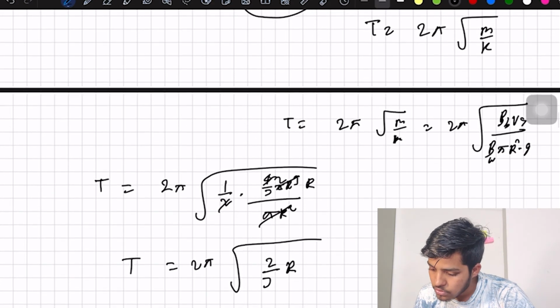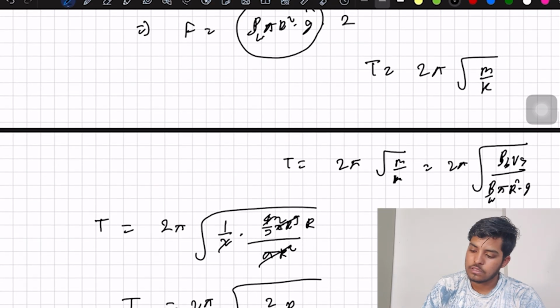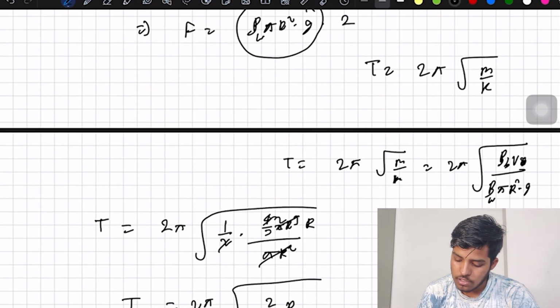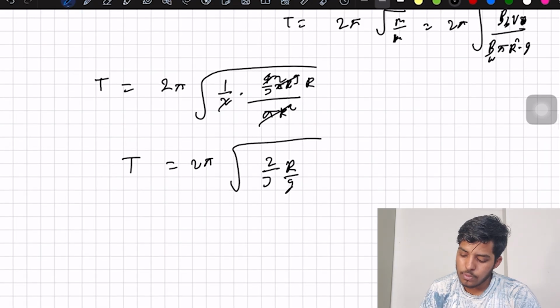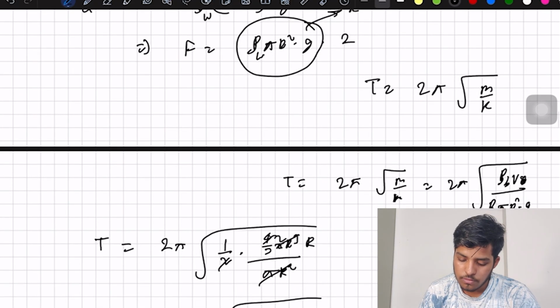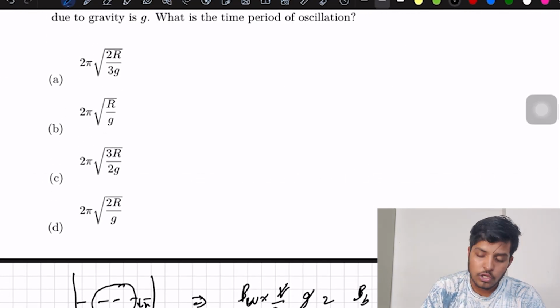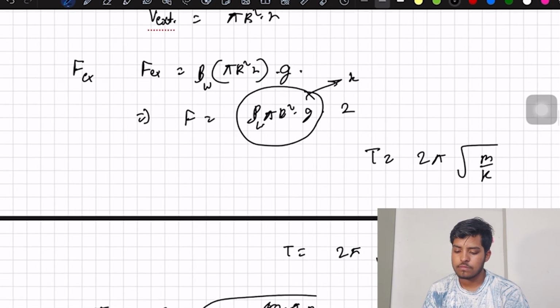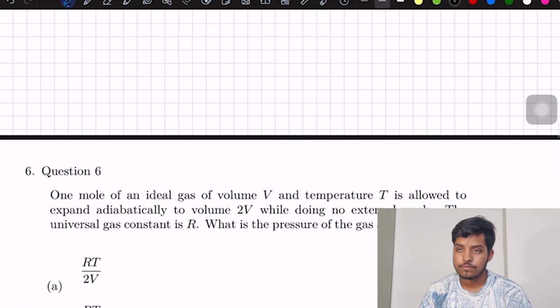And g also, right? Oh sorry, mass is rho b, not g. So g is also here, r upon g. So 2 pi under root 2 r by 3 g. So option A is correct. It was also a good question, quite a good question.